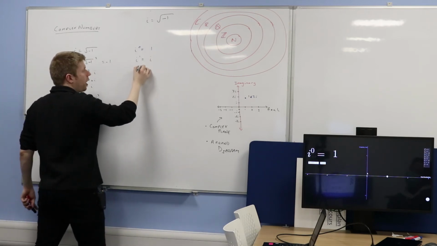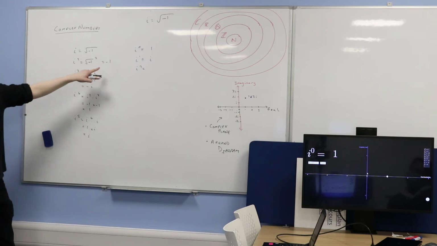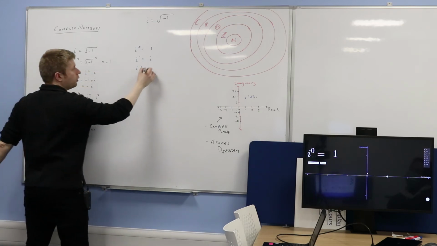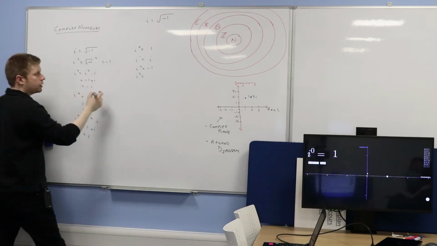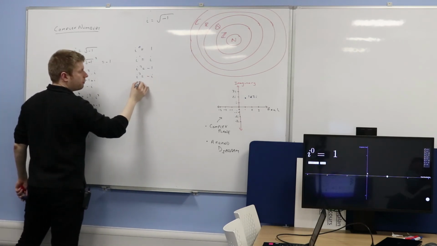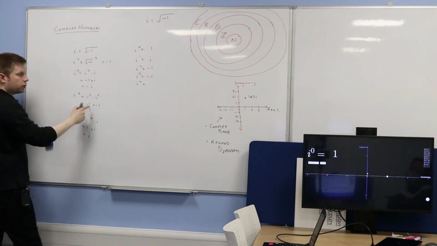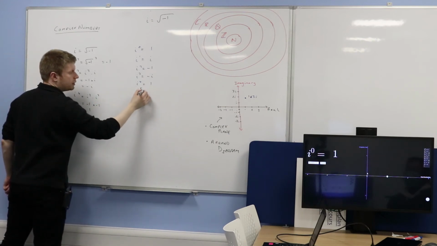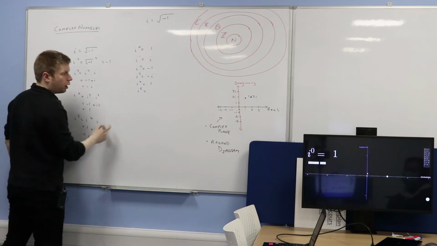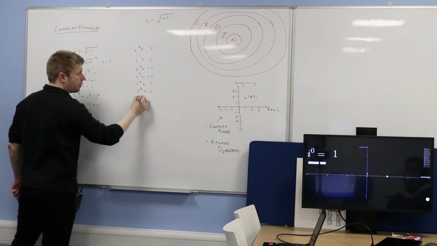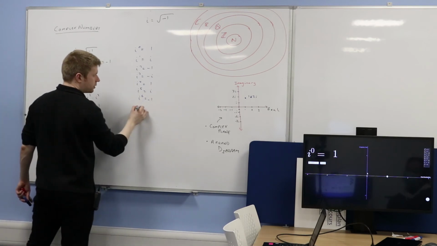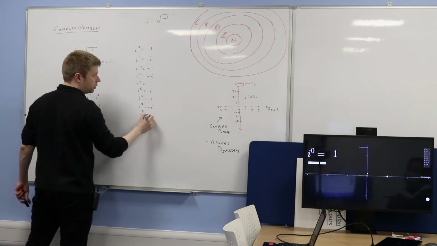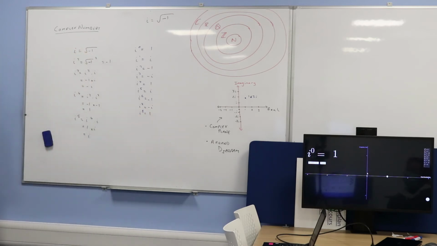What about i squared? -1. What about i to the power of 3? -i. i to the power of 4? 1. i to the power of 5? i. What do you reckon i to the power of 6 is going to be? -1. i to the power of 7? i. i to the power of 8? 1. Now, why do you think that?